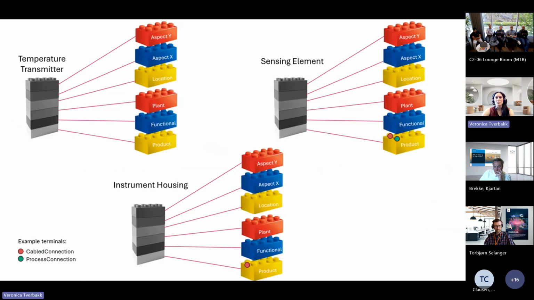And then we can begin to put these blocks together to have a more holistic perspective of the equipment. So in this example, we have a temperature transmitter, which has relations to a sensing element and instrument housing. And in IMF, we have the concept of terminals. So you have these different types of connections, inputs and outputs to different IMF types.